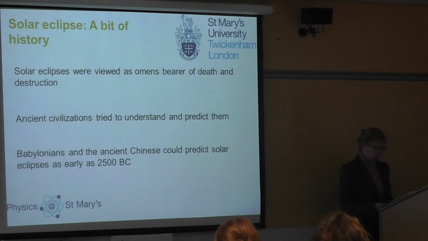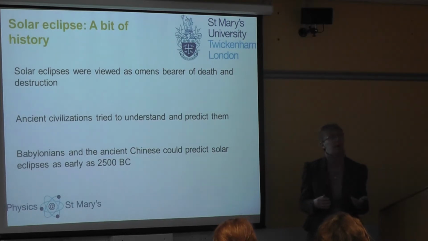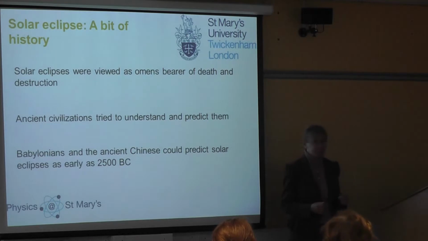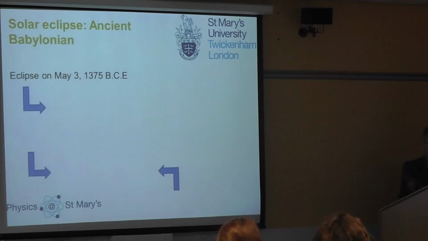Still now, solar eclipses are seen, particularly by Vietnamese people, as happening because a sort of dragon is eating up the sun. In fact, we will see that later when we talk about the Chinese one.